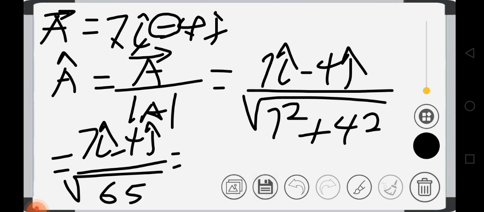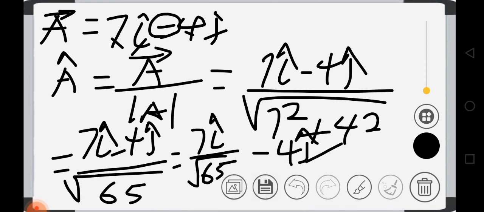So I can also write it like this: 7i over root 65 minus 4j over root 65. That is the unit vector parallel to that vector mentioned in the question.